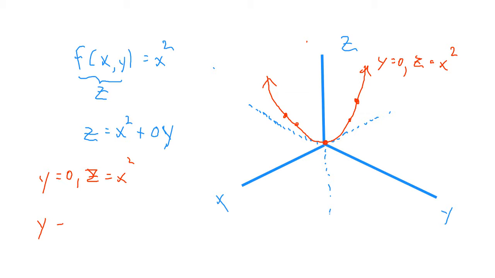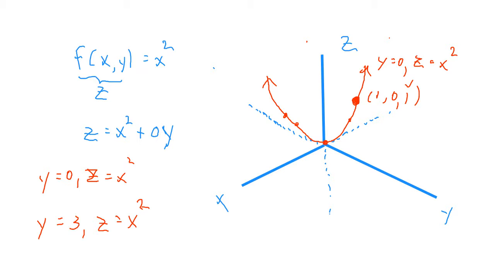But let's say you had y equals 3 and z equals x squared. Let me pick a little point here. Let's say this point right here is equal to (1, 0, 1), because 1 squared is 1.